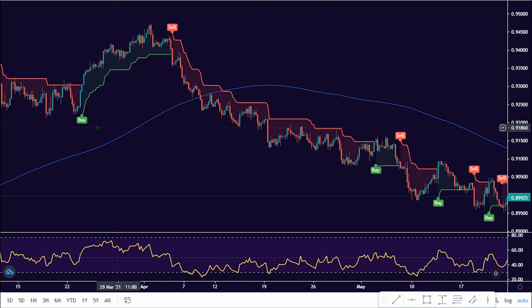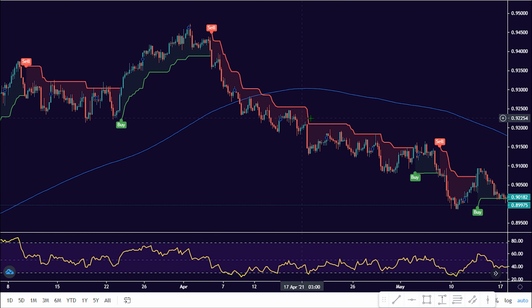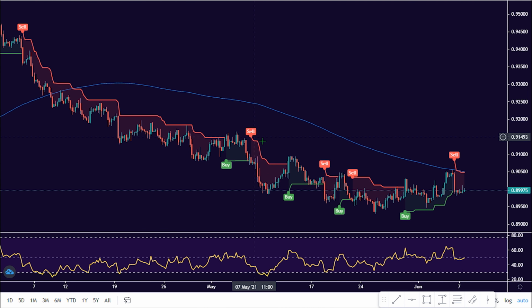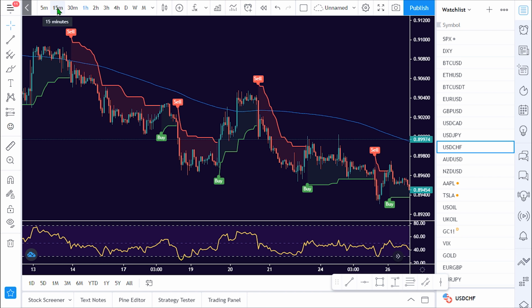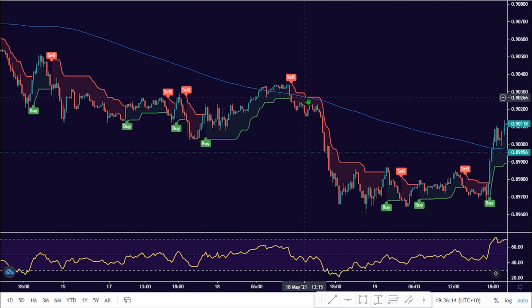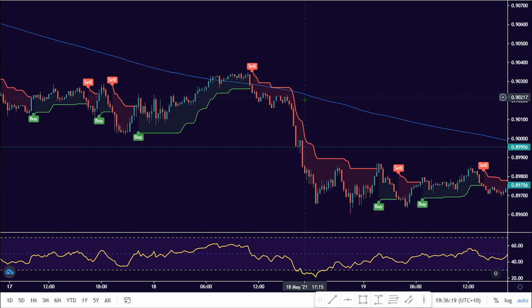It's time to show you how to scalp a bearish market with these three indicators. So let's search for a bearish trend. Here's a strong bearish trend. Let's navigate to the 15-minute chart. As we can see on the trading chart, the Supertrend indicator generated a sell signal and it crossed below the 200 moving average indicator.